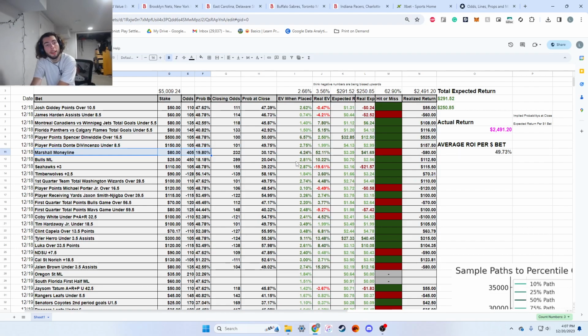But UTSA's quarterback, the team Marshall's playing, got hurt before the game. Odds dropped all the way to plus 232. Now that's, of course, lucky, out of my control, has nothing really to do with the strategy. But this is where I can illustrate my point. I had 52% EV on that play. You could assume that for every play.